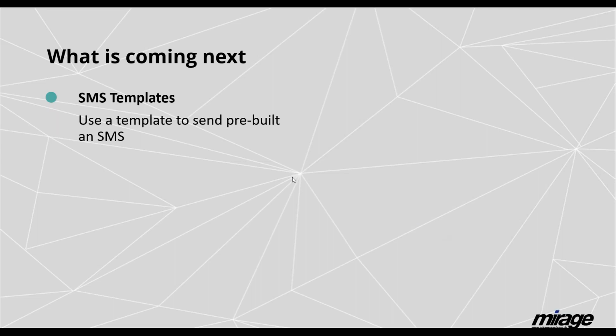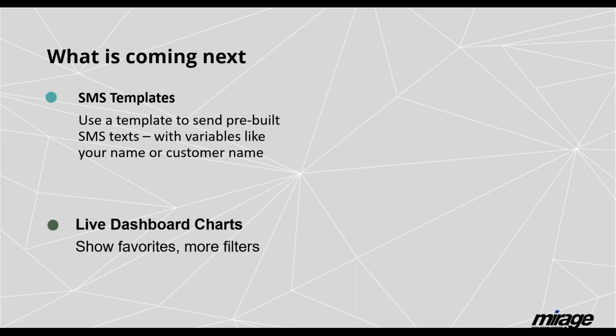And we are right now also building SMS templates. The templates can work with variables that you can build in Salesforce, so that they can pick up the customer name and the customer address and automatically put it in the SMS and send it out. And we'll be extending the live dashboard charts to show, for example, favorites.